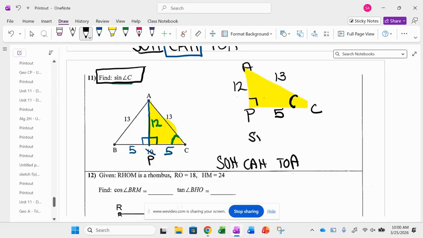So if I'm finding the sine of angle C, Leilani, what's that going to be? You got it. It's going to be opposite over hypotenuse, which is 12 over 13. So the trick here was we cannot do trigonometry unless we have a right triangle. So we had to make a right triangle there.